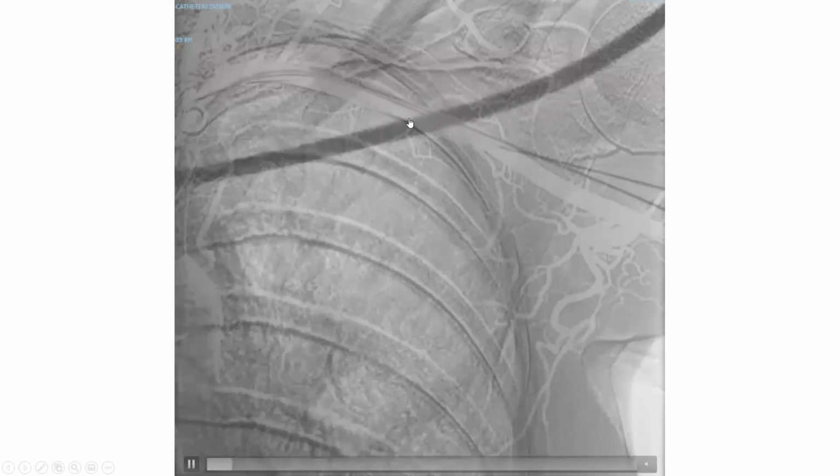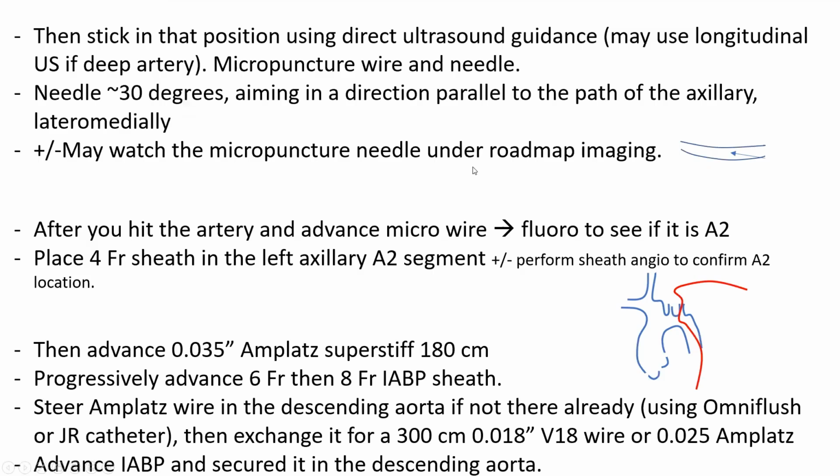You see the wire coming here, and the needle tip is in that A2, lateral to the lateral thoracic artery. So after you hit the artery and advance the micropuncture wire, use fluoro to see if it is A2. Then you place a 4 French sheath in that left axillary A2 segment. Plus or minus, you may perform a sheath angiogram to confirm A2 location.